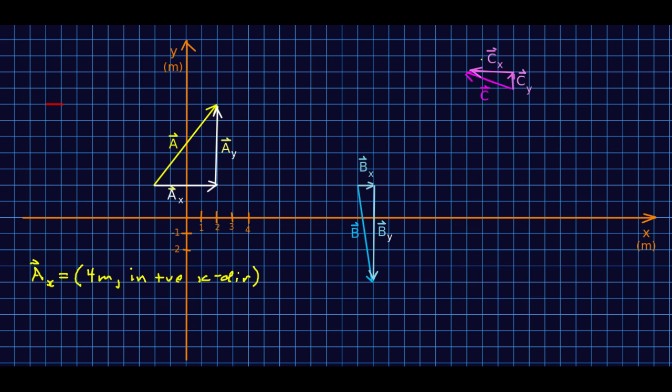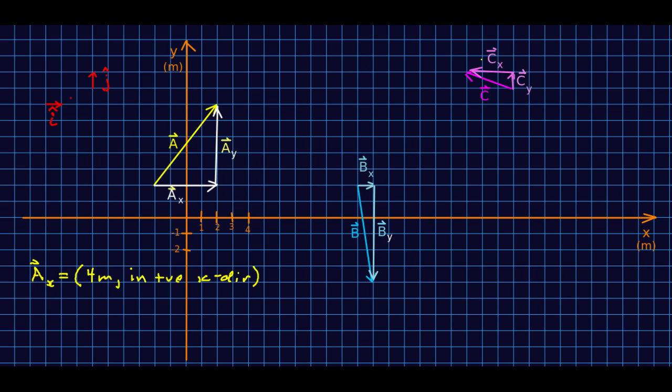There's another way I could do this, and it involves defining something new. I'm going to define a vector that points in the positive x direction, and I'm going to call it i, and I'm going to put a little hat on it, and that hat means that this is a unit vector. It has magnitude 1. And its partner here, j, is similar, but points in the positive y direction.